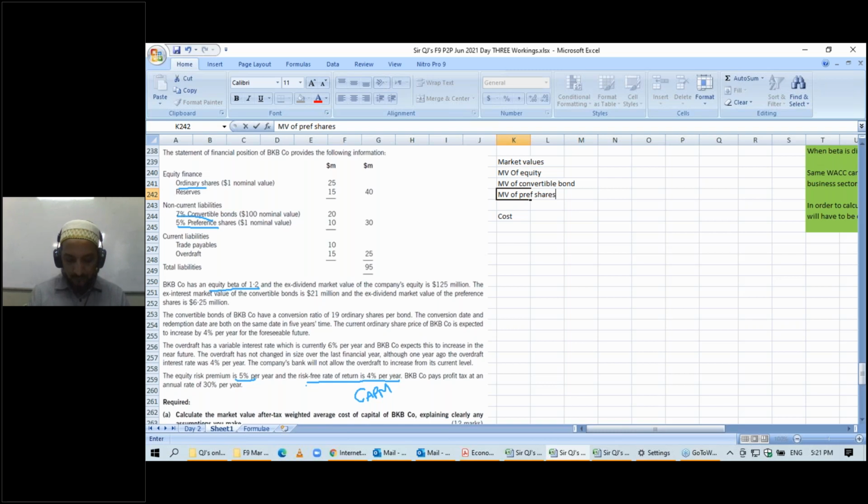Then KE will be the cost of equity, KCB will be the cost of the bond, and KP will be the cost of the preference shares. So moving on to the market values first.